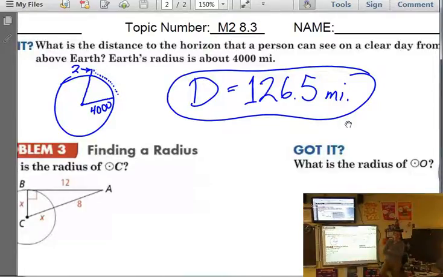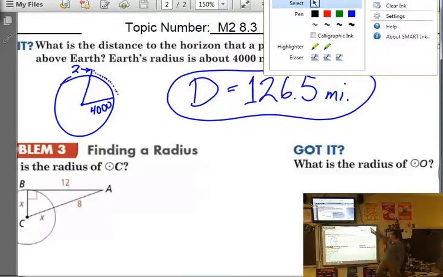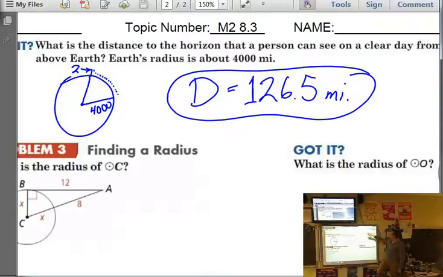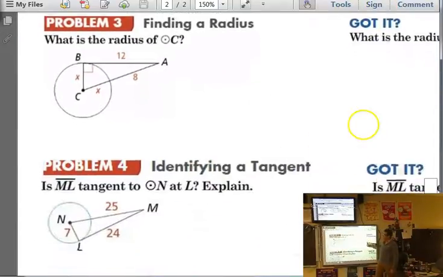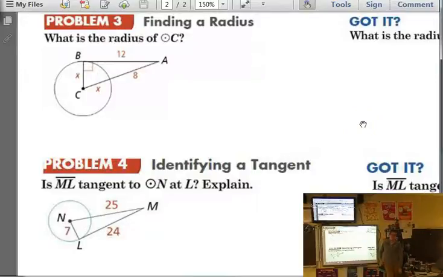Now the last thing we need to do in about the 3 minutes that I have left is talking about if we need to find unknown values or if we need to check if something is a tangent. So in problem 3 here, we know that my line is a tangent because it makes the right angle. So how would we find x?